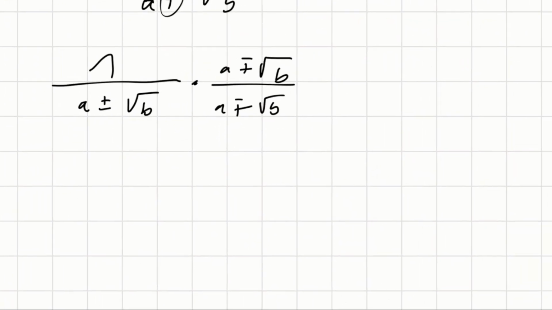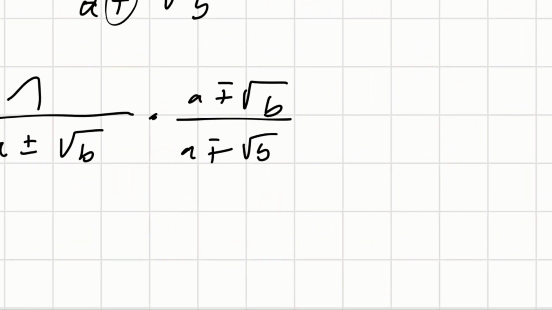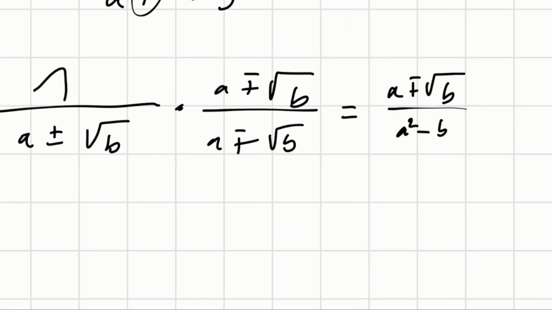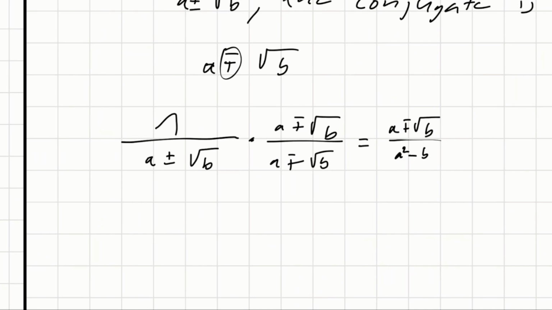The result of this is quite easy. Since we multiply those expressions, what we get is a squared minus b. You see, what we did here is we got rid of this square root.